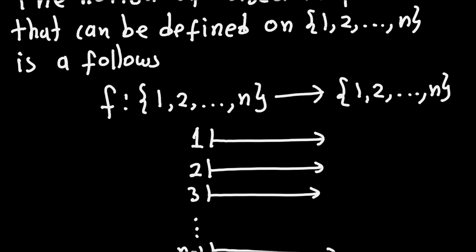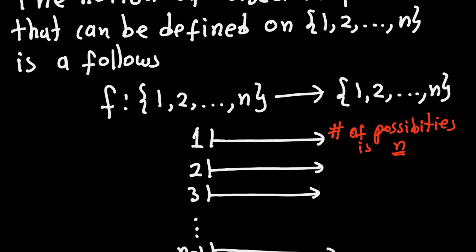So 1 could go to any of these possible numbers. So 1 could go to 1, 2, up to n. So in here, I'm going to put the number of possibilities, which is n, because it could go to 1, or 2, or to n.